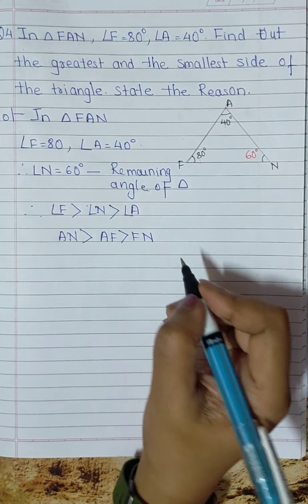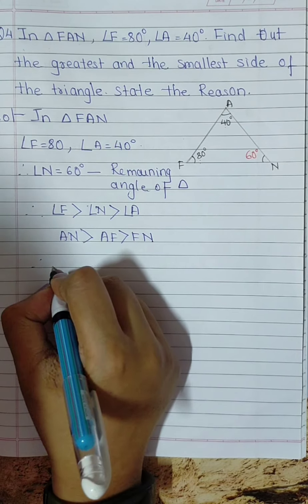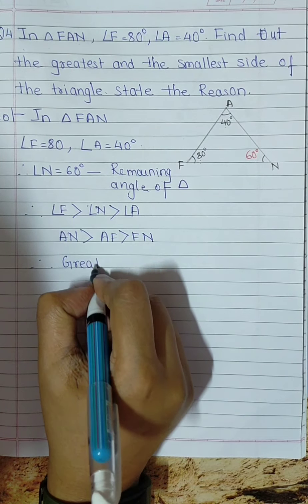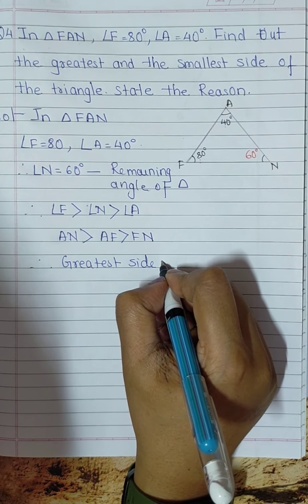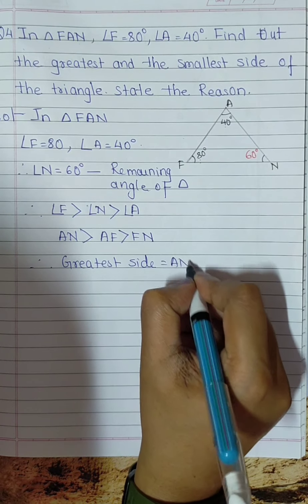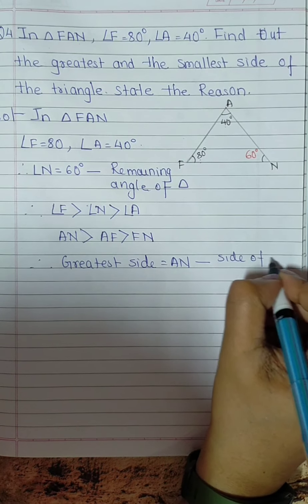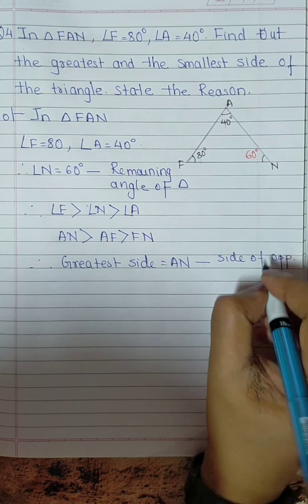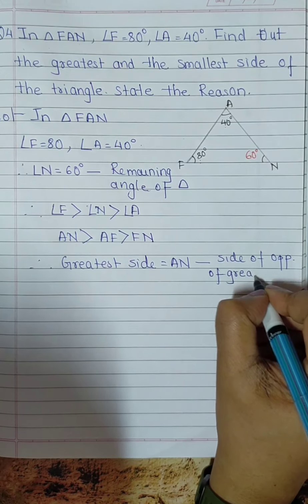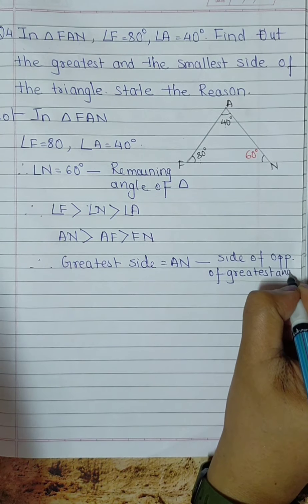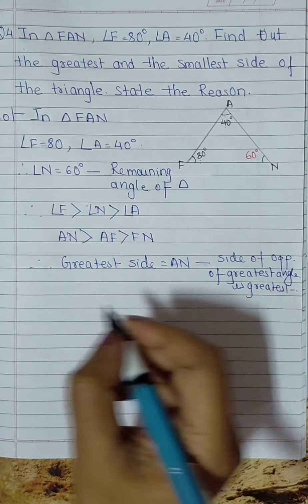Okay. So therefore we can write the greatest side is AN. So we'll write the side opposite to the greatest angle is greatest. Okay.